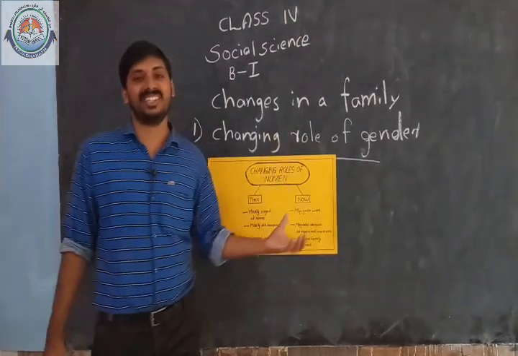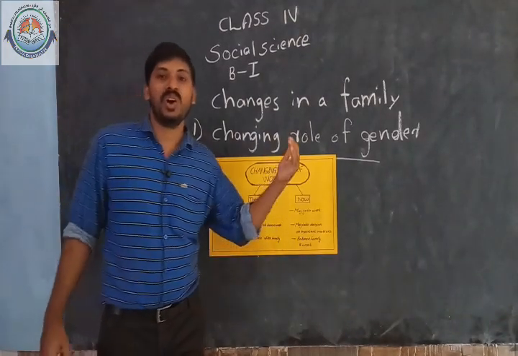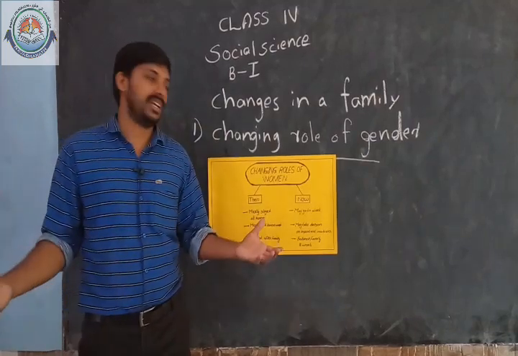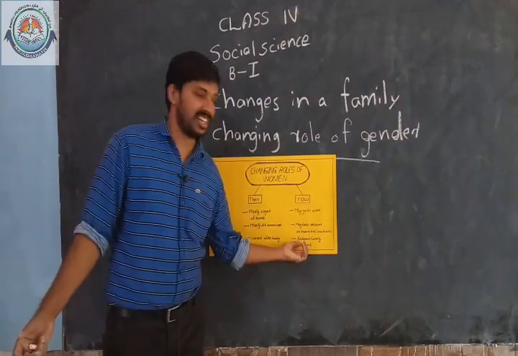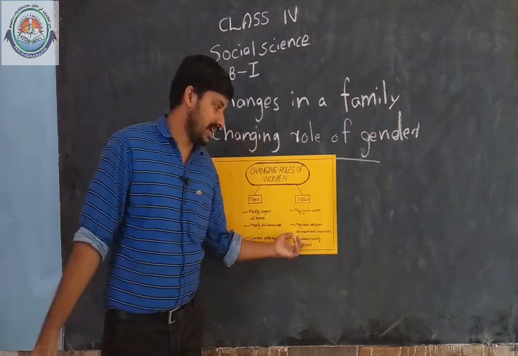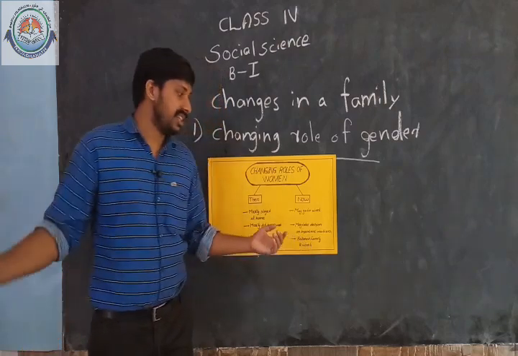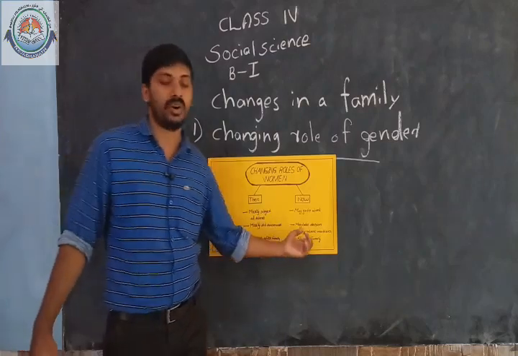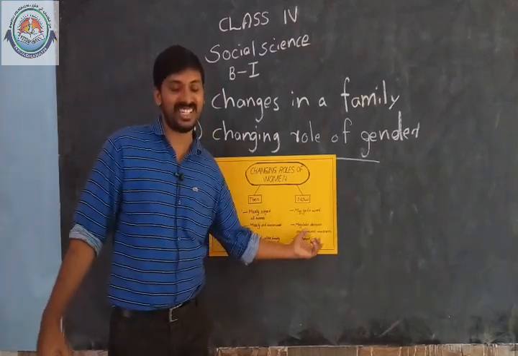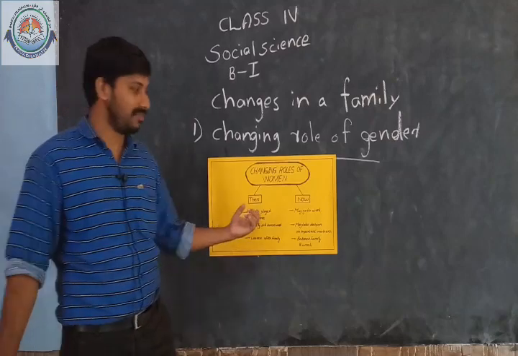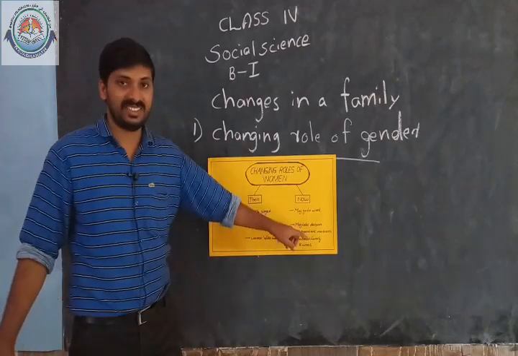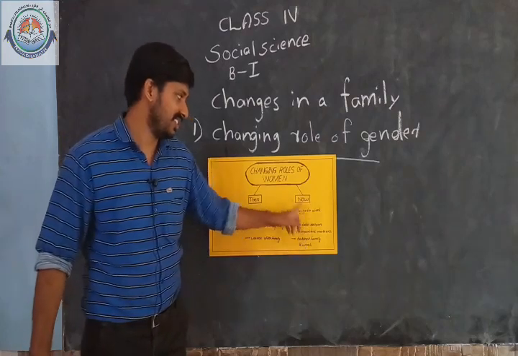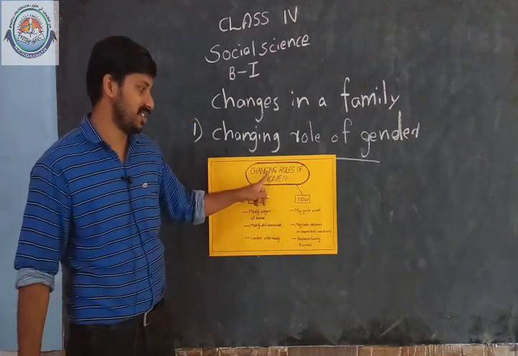Some part will be done by the father and another part by the mother. When the mother is going out, the father will do the housework and house chores. They share with each other. Family roles have changed from earlier to now. This is the changing role of women.